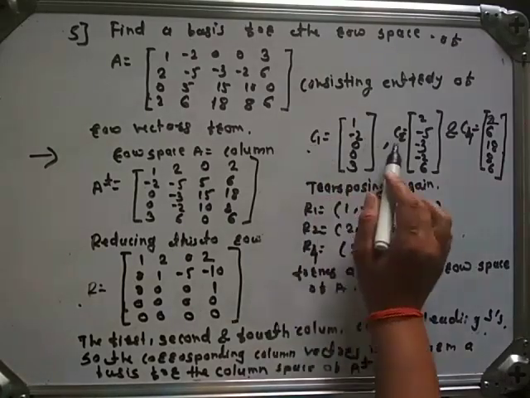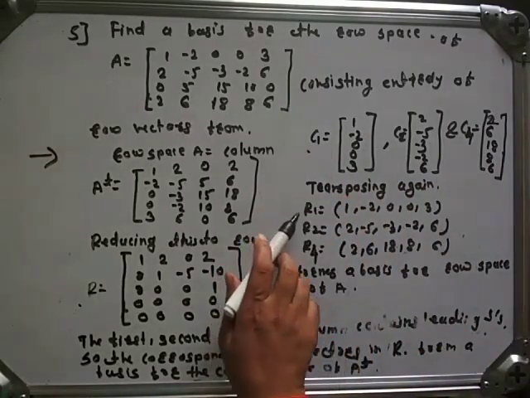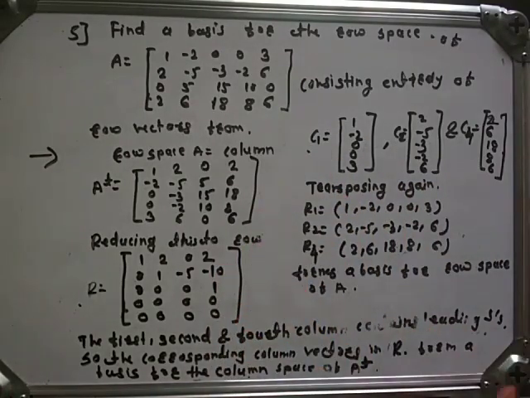So these are C1, C2, C4. Again transposing, R1, R2, and R4 form a basis for the row space of A.